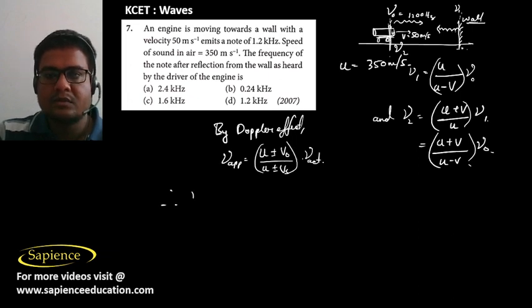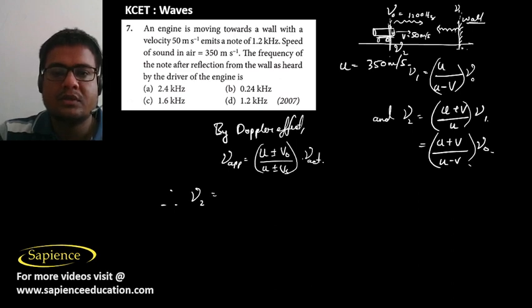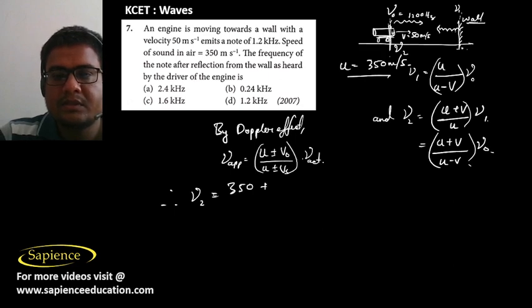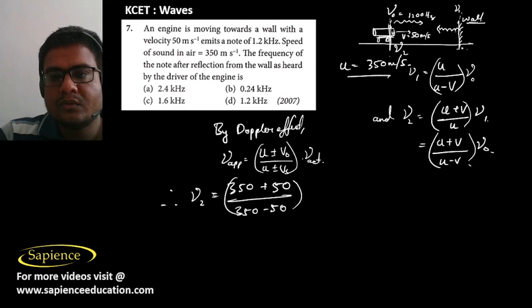Therefore the frequency of the note after reflection from the wall, heard by the driver of the engine, is the speed of sound in air, 350, plus the speed of the engine towards the wall, 50, divided by 350 minus 50, into nu naught, that is 1200 hertz.